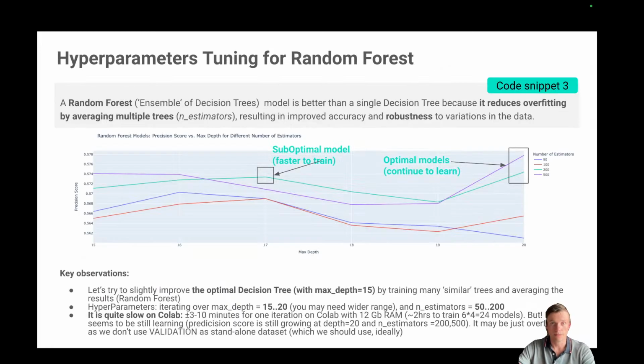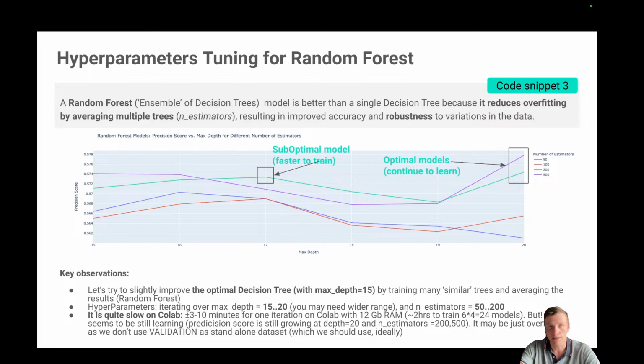Okay, now let's move to the second hyperparameter tuning exercise for random forest. So random forest, if you never worked with this model before, it has a similar interface. It's just a different class.